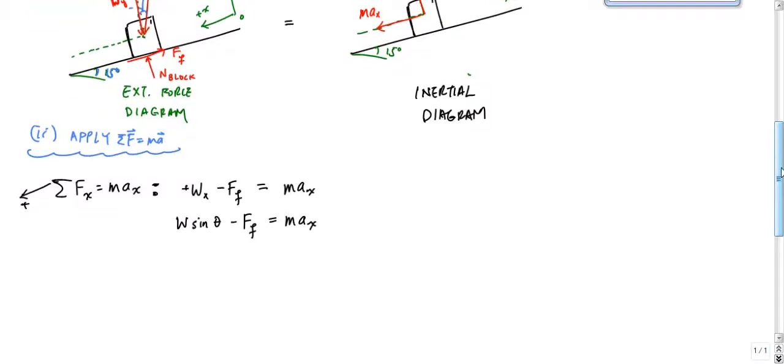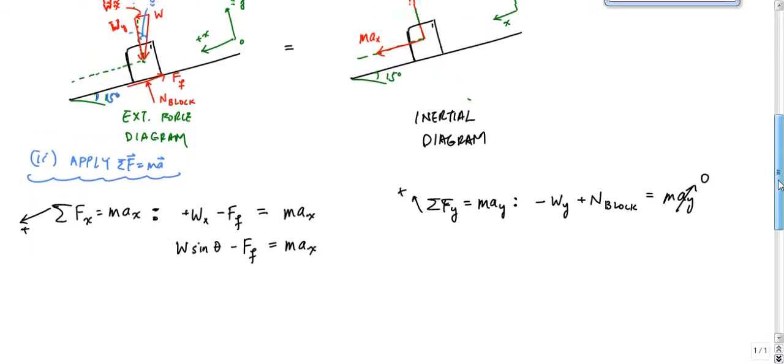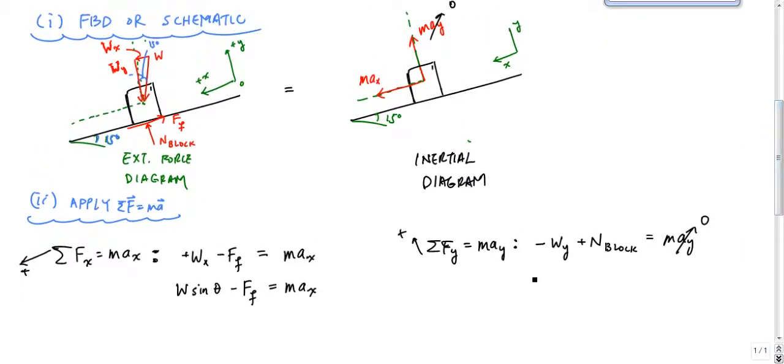Then I want to do the sum of the forces in the y direction as well. Here's my positive y orientation, and this would be may. So in the y direction I'd have minus Wy plus N block is equal to may, which we already said is 0, because our block never moves in the y direction.